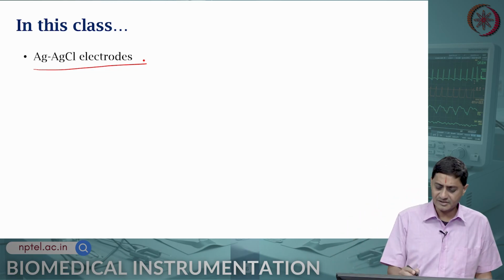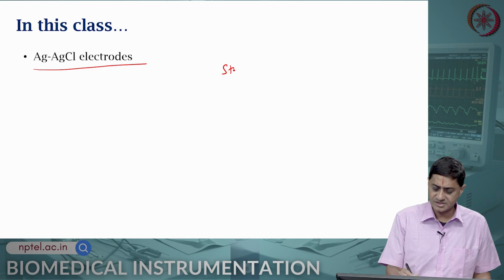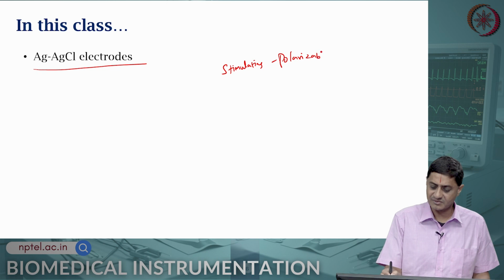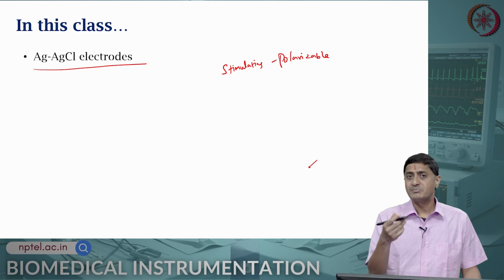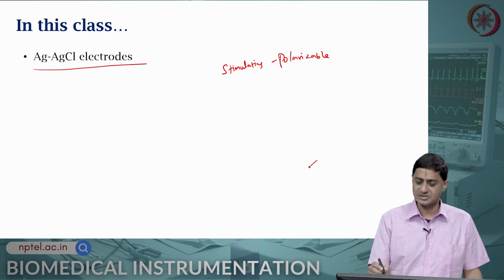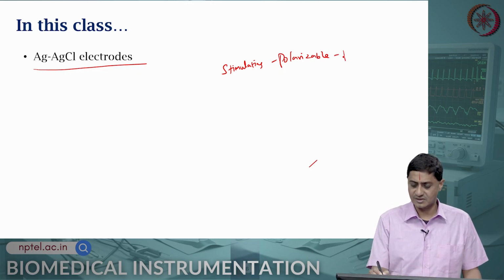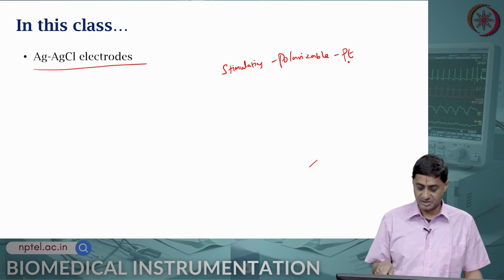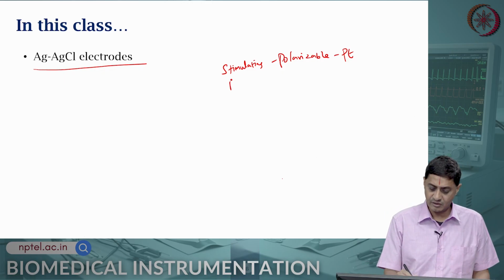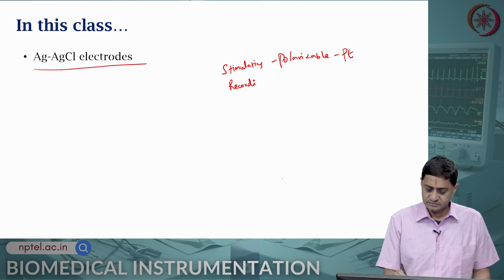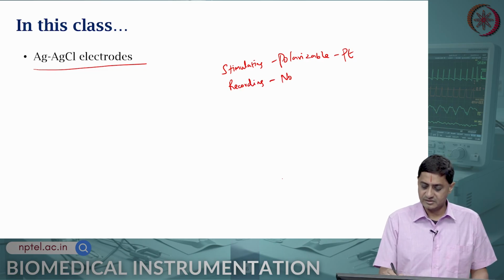Remember that when it comes to stimulating electrodes, you prefer polarizable electrodes such as the platinum electrode. What are some examples of stimulating electrodes? Deep brain stimulation, pacemaker electrodes, defibrillators, etc. What is an example? Platinum electrodes. When it comes to recording electrodes, we prefer non-polarizable electrodes.